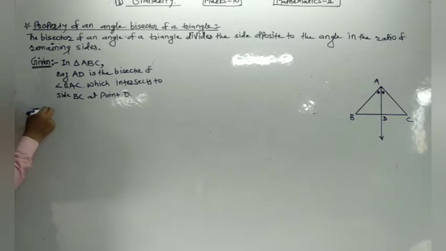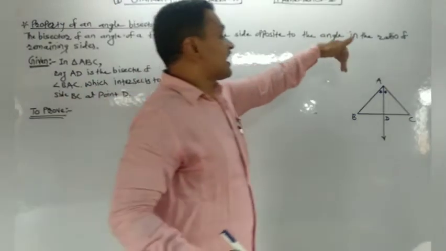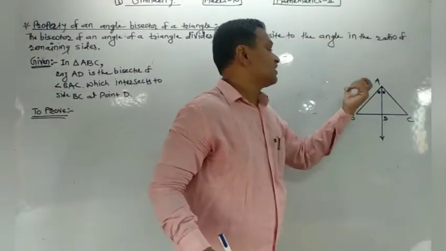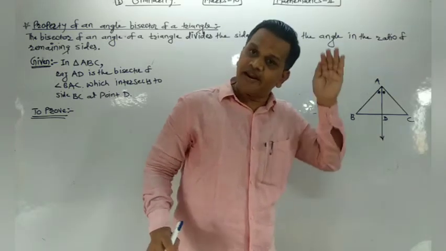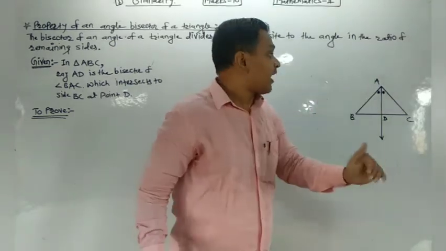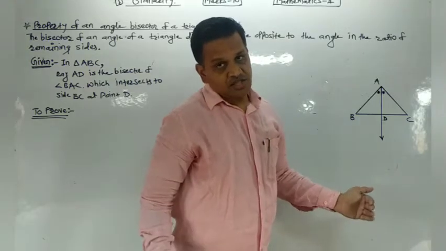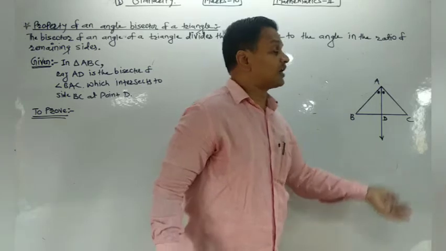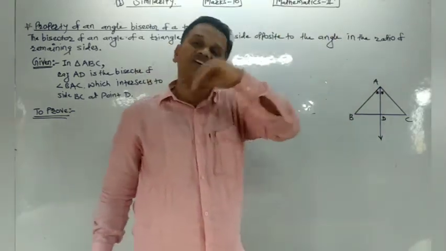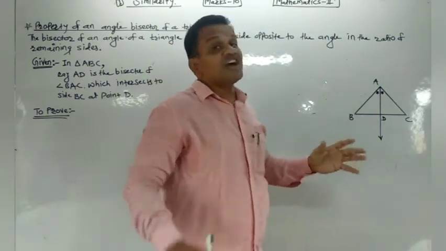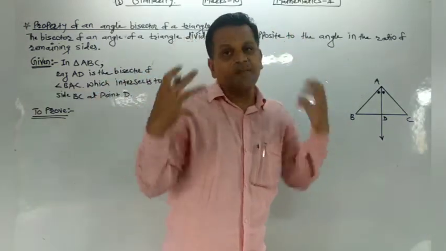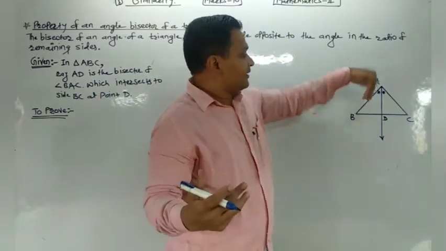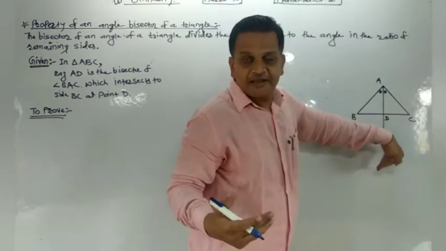Now what we want to prove here is that the bisector divides the side opposite to the angle, means the ratio of segments divided by the angle bisector is equal to the ratio of the remaining sides of the triangle. Which are the segments divided by ray AD?